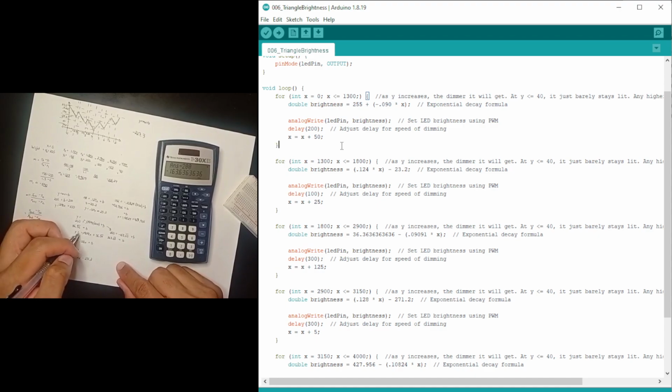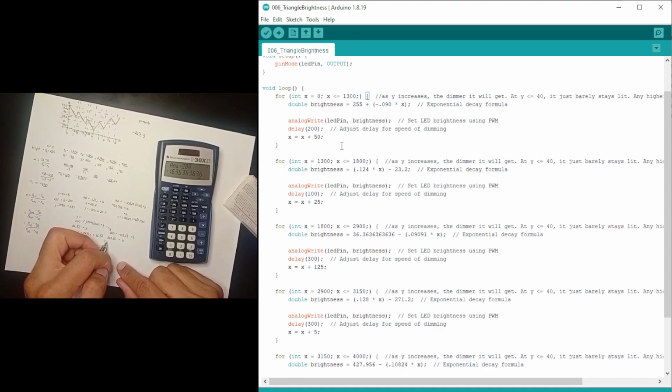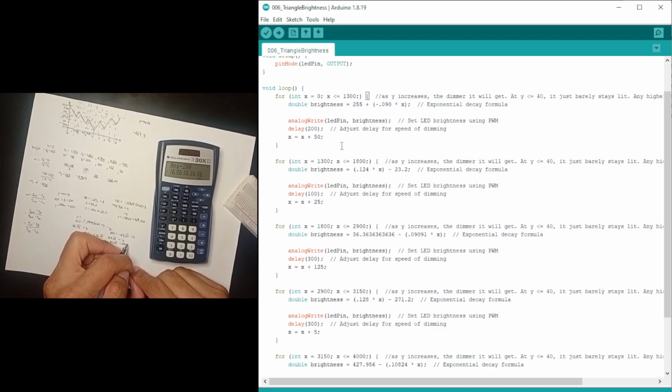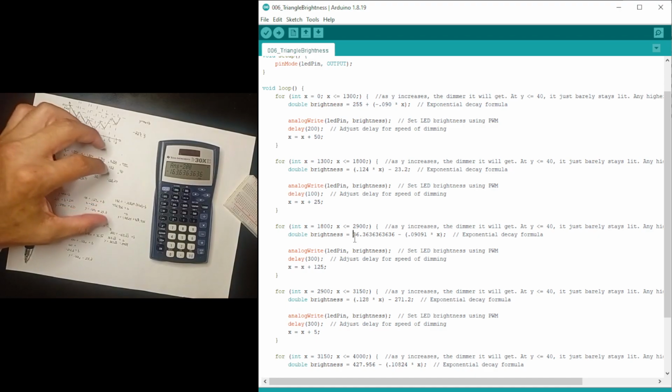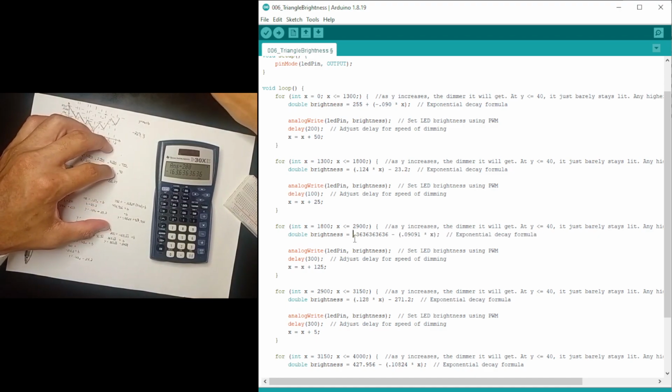Okay, so that's y. So that's what the equation is. Y equals 363.63 repeating minus 0.0909 repeating. Okay. So now where are we in this equation? .63 repeating.